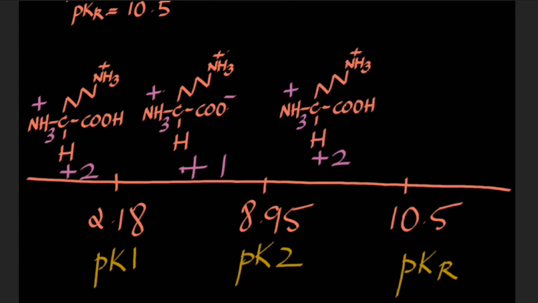So what will happen now? As I said, this particular amino group will now lose its hydrogen. After it has lost its hydrogen, it will be 2, right?